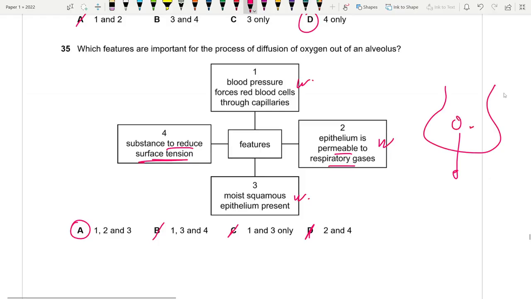We want O2 to come in. This is the capillary. So it's permeable, all right. There's moist squamous epithelium. Squamous epithelium is perfect for diffusion. Squamous means flattened epithelium. You will see that in alveoli and endothelium. And blood pressure does force the red blood cells through capillaries. Okay, so essentially here, squamous is the keyword.